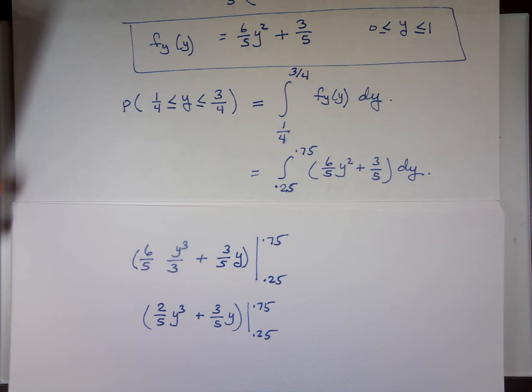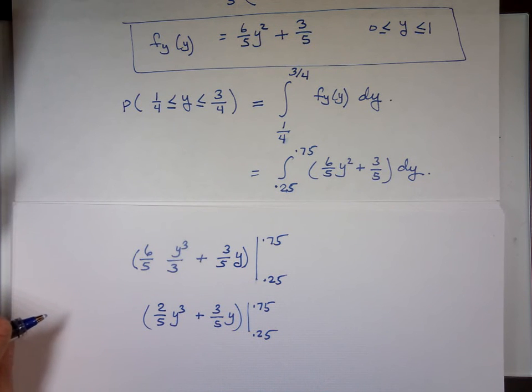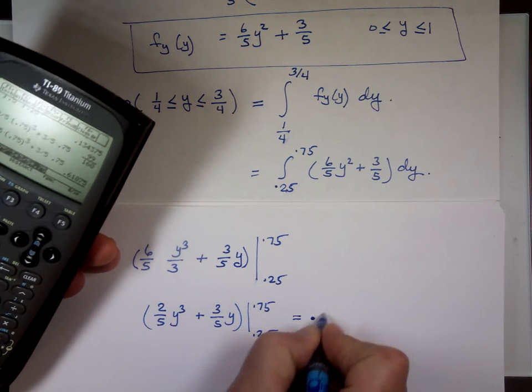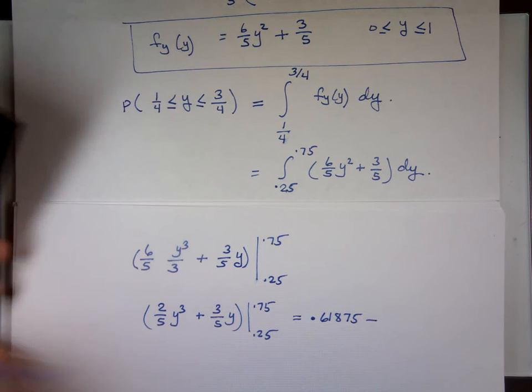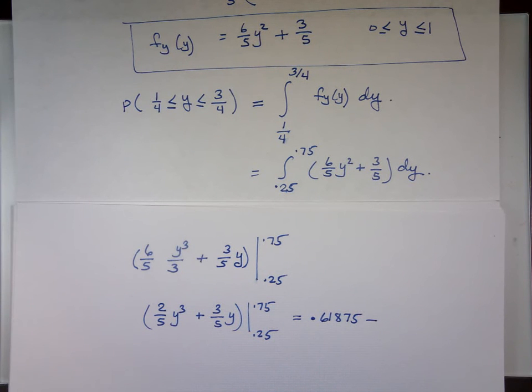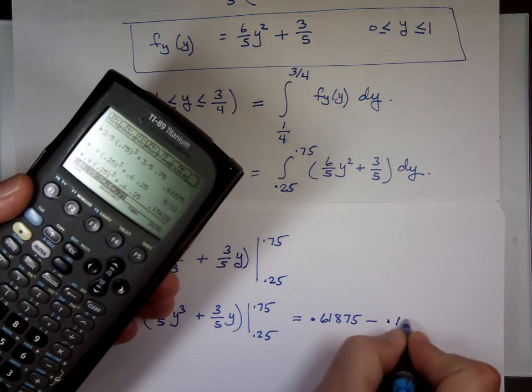So at the upper limit I got 0.61875. At the lower limit, let's see, 0.4 times 0.25 cubed plus 0.6 times 0.25, that's 0.15625.